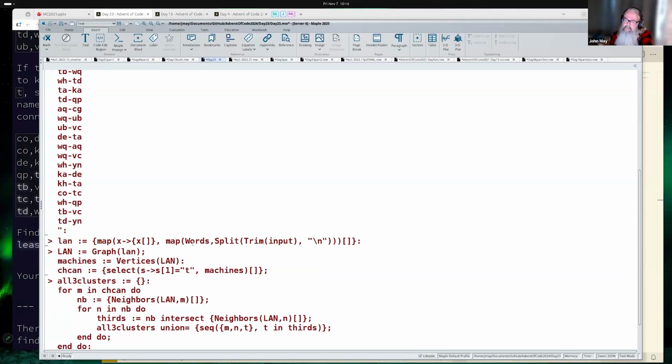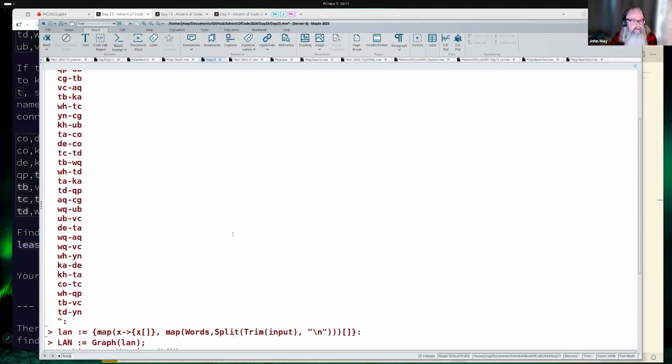Words is like split, except it takes out everything that's not alphanumeric and then breaks those up into another list, so I get a nested list. This ends up being pairs of node names, which are the edges of a graph. So I just plug those into GraphTheory Graph. I get the list of every unique machine with the Vertices command on that graph.